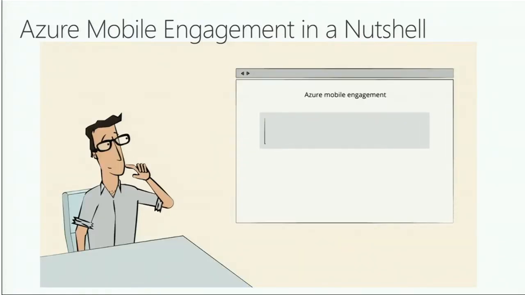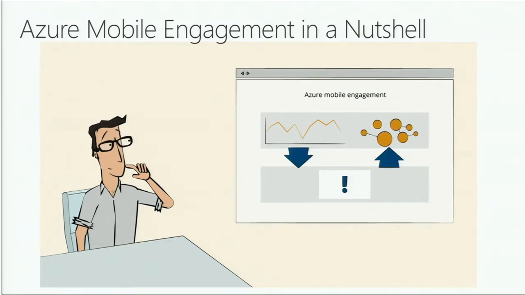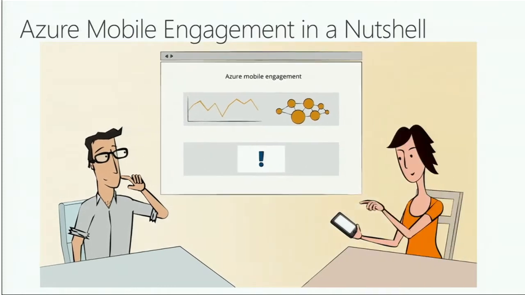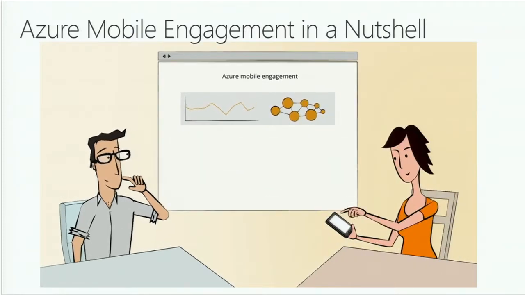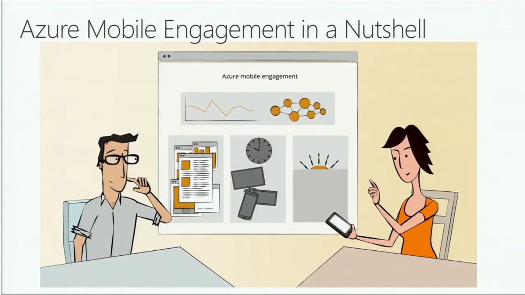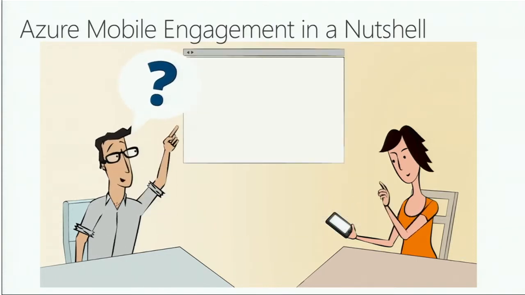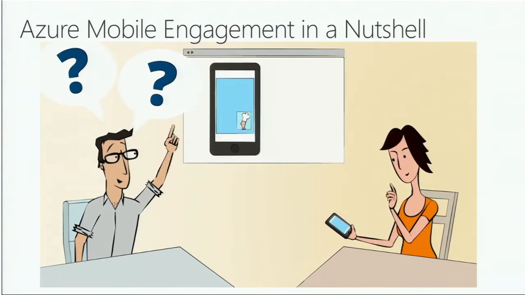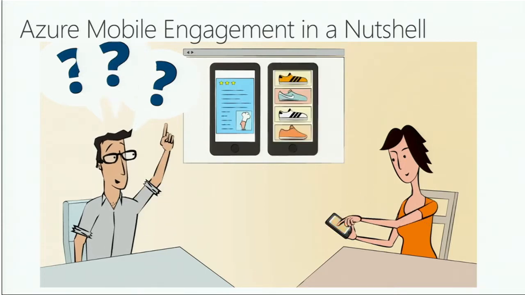Azure Mobile Engagement is a platform that combines analytics with push notifications and in-app messaging campaigns. It monitors the activity in real time, like what pages are visited when and where. But it actually goes way beyond that. You can ask any question, like after how many visits a user is most likely to post a review or buy something.